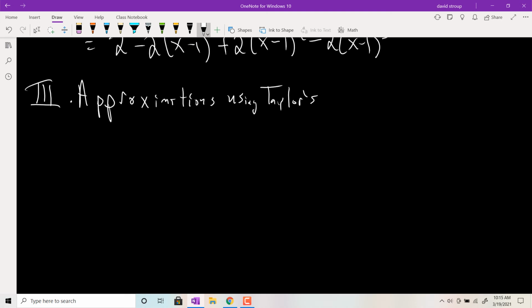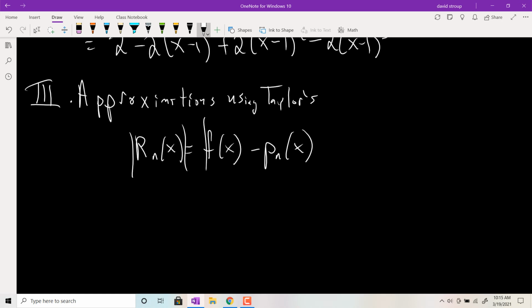Basically, there's going to be this R sub n of x formula, which you can think of as the difference between f of x and the nth Taylor polynomial. So the error is the absolute value of this.